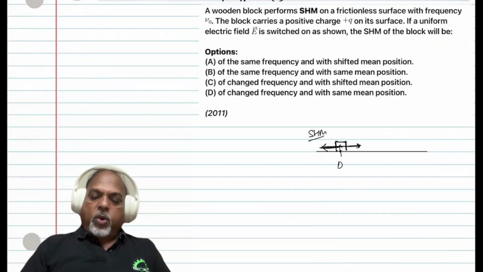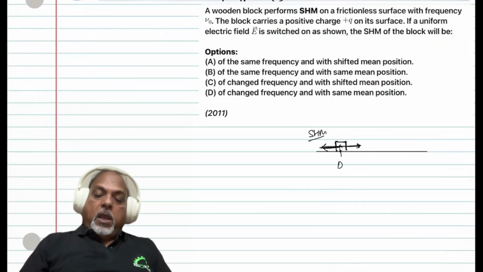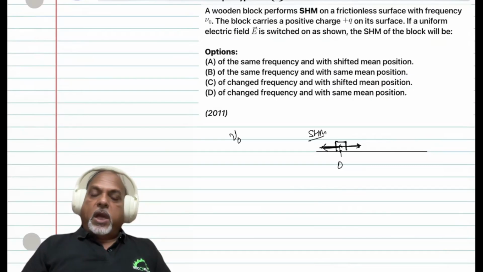Suppose this is your point O, with frequency nu zero. The frequency nu zero is given. The block carries a positive charge. Of course, what will be the frequency?